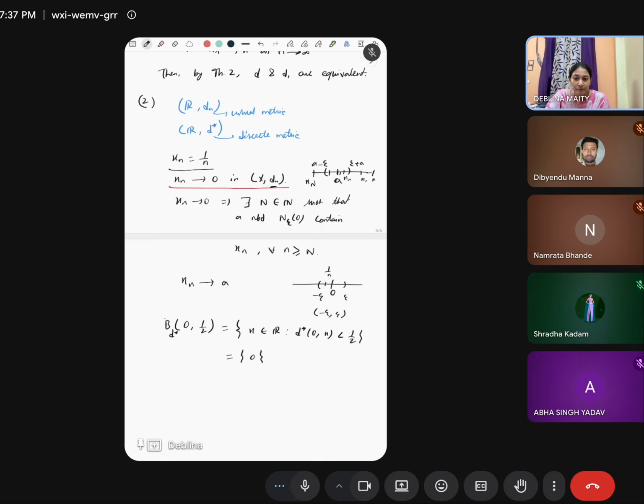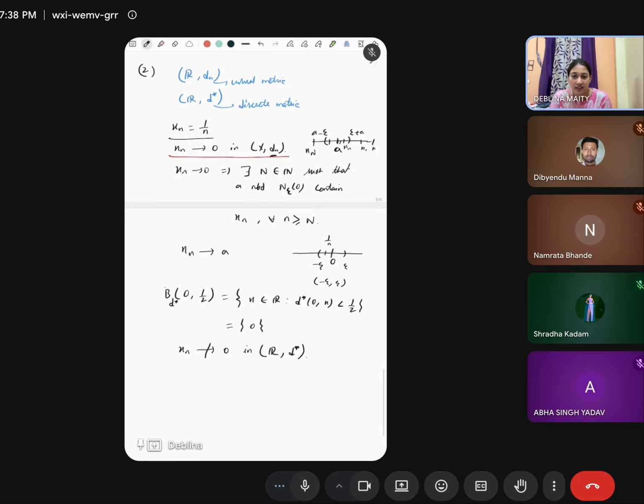So the open ball of 0 in the discrete metric contains only 0, no points of this sequence xn. So 0 can never be a limit point of this sequence, and xn does not converge to 0 in R with d star.